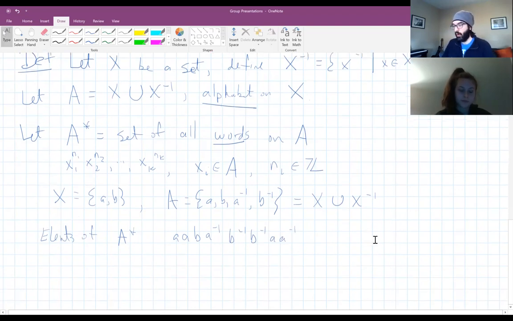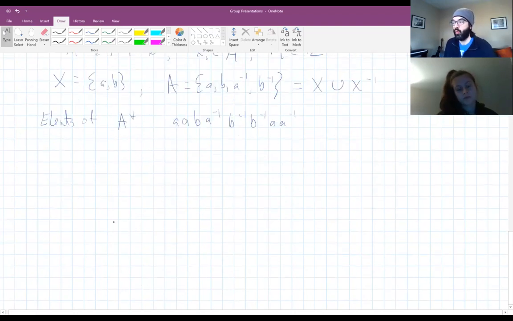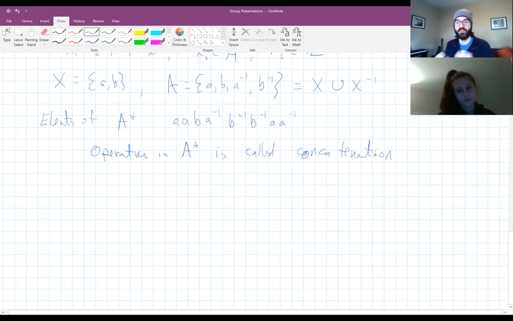So what we do inside A star is we define operations. The operation in A star is called concatenation. That is, I just write down formal symbols beside each other. So when I write down a and b, this is an operation in A star called concatenation.